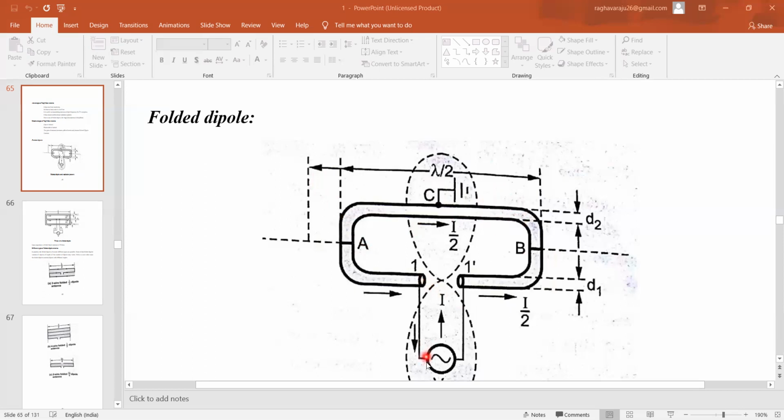Their two ends are located at the center of their particular end.